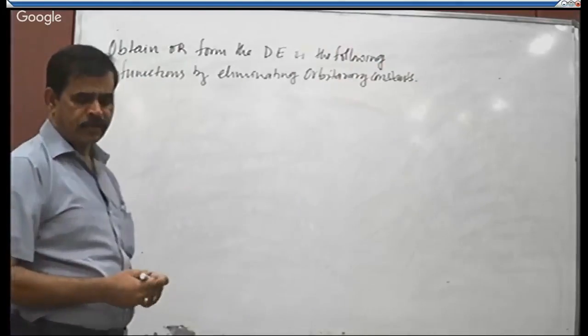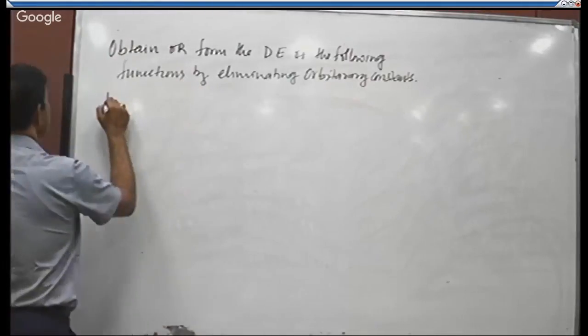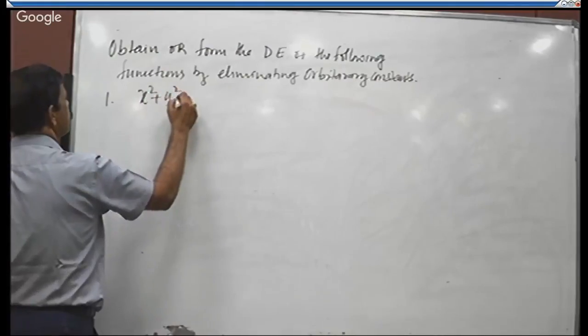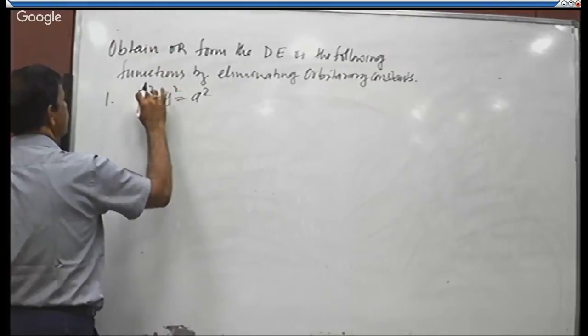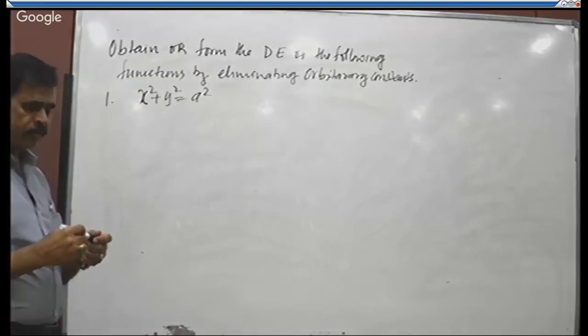Right? Let us take one by one. Number one, x square plus y square is equal to a square. So this is an important problem. x square plus y square is equal to a square.